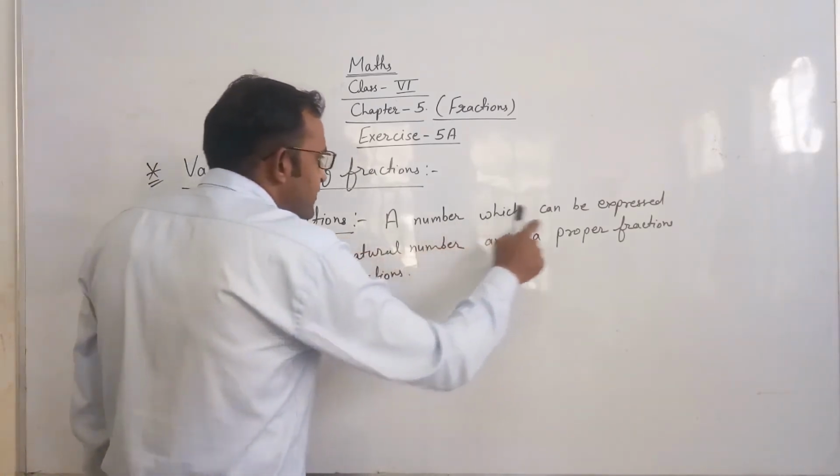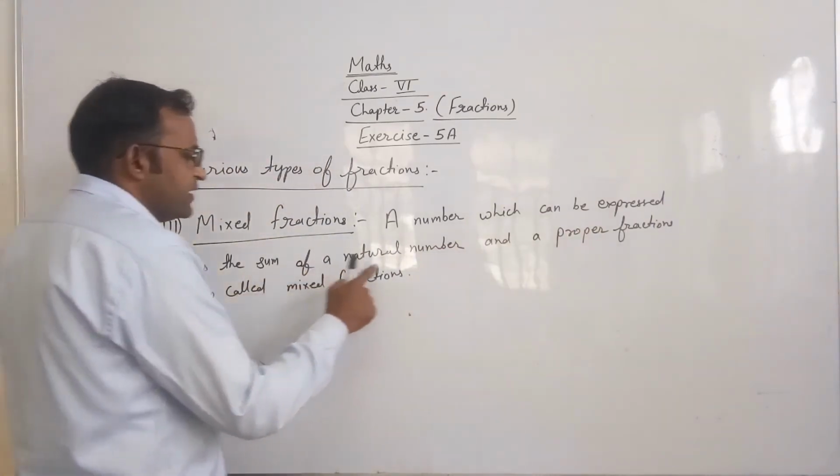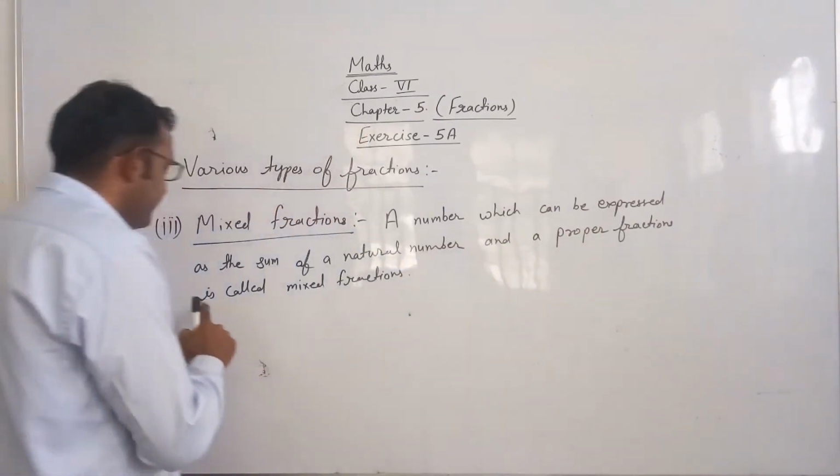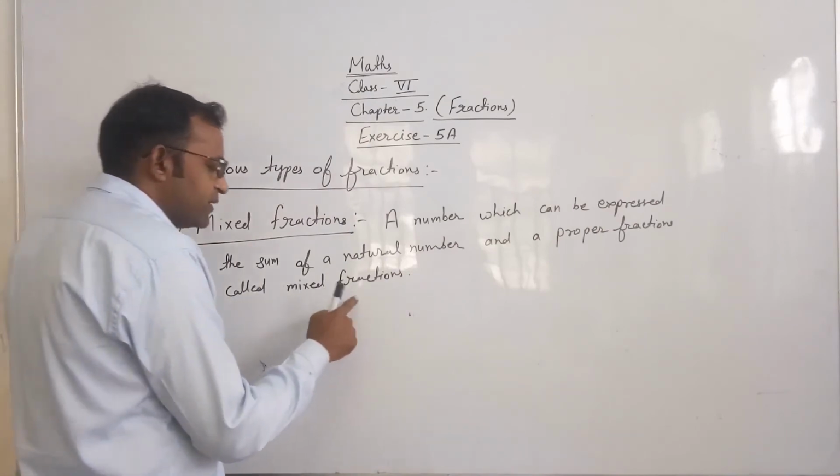A number which can be expressed as the sum of a natural number and a proper fraction is called a mixed fraction.